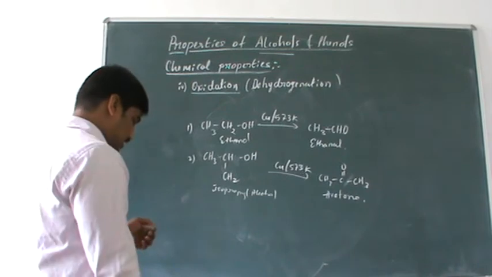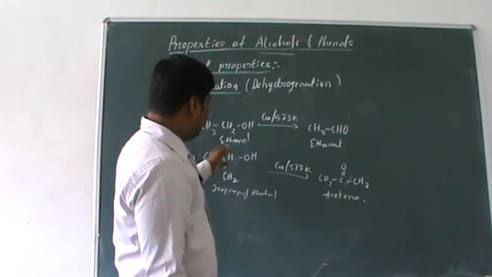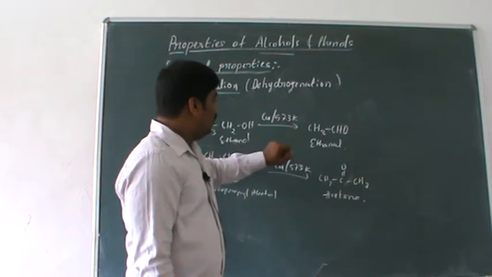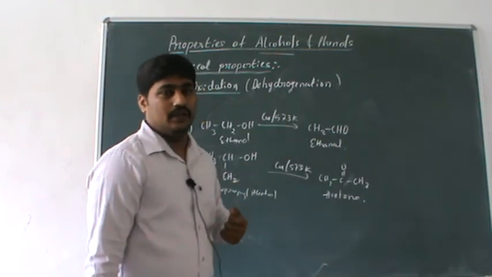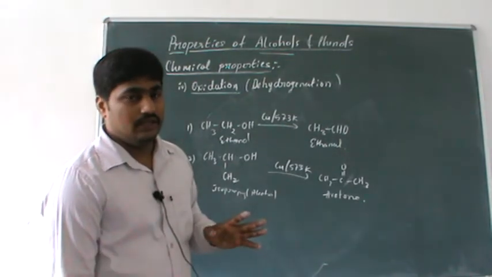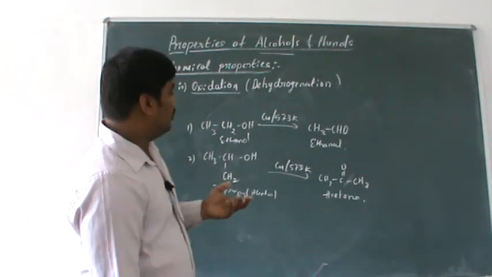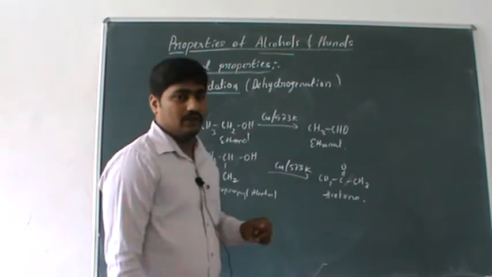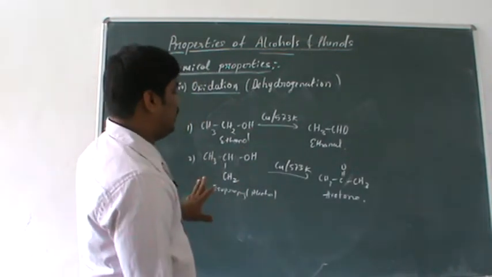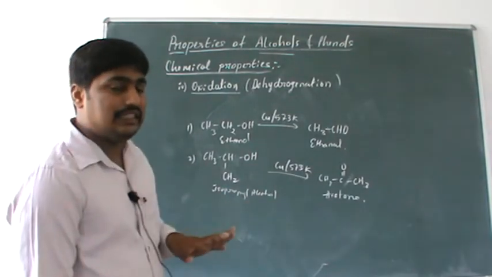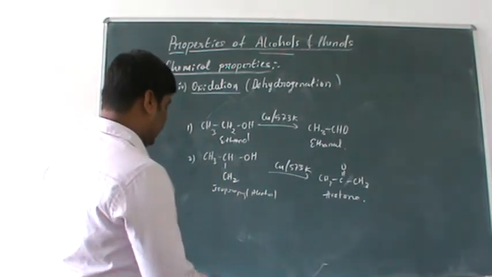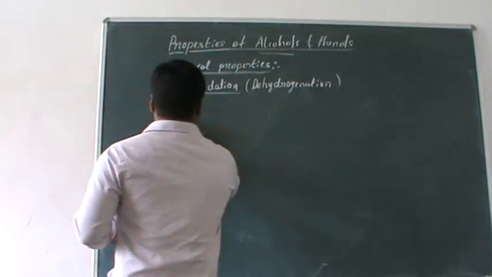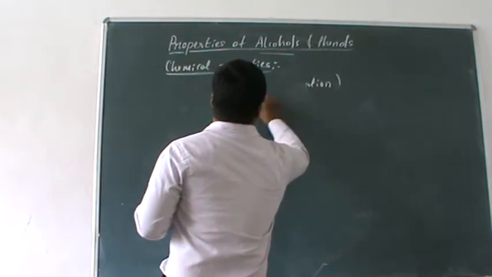Suppose in your exam, ethanol to ethanal is given with a question mark on the arrow. What is the correct answer? You can use PCC or you can use copper, any one oxidizing agent. These oxidizing agents show the same role in oxidation. Correct? Next, these are about the chemical properties of alcohol.